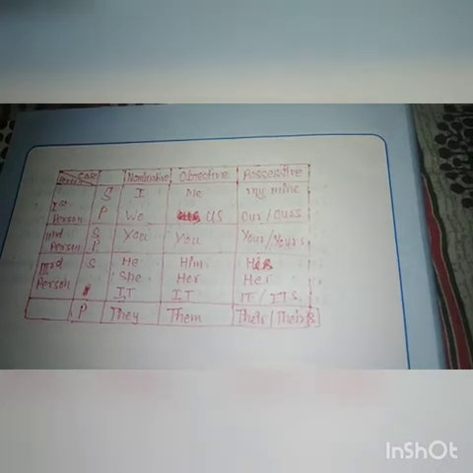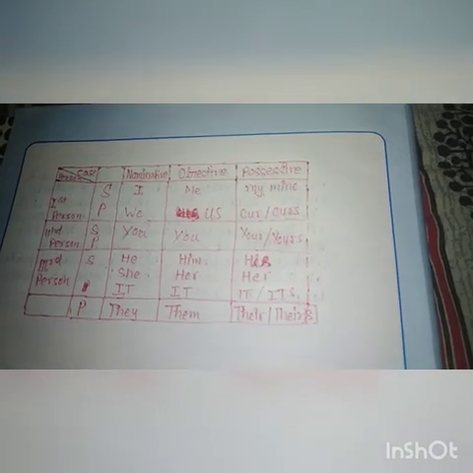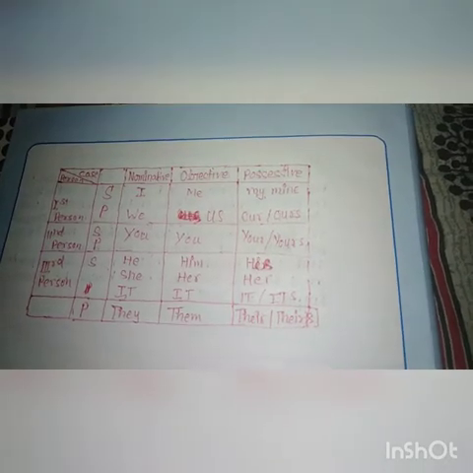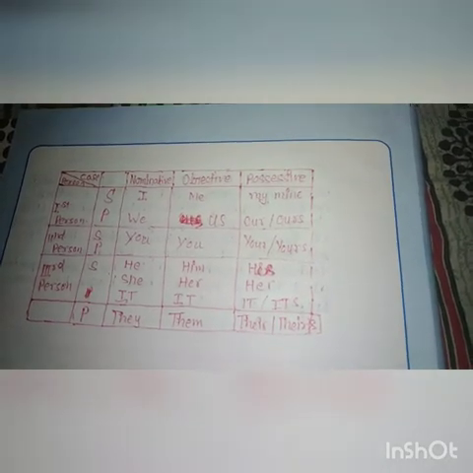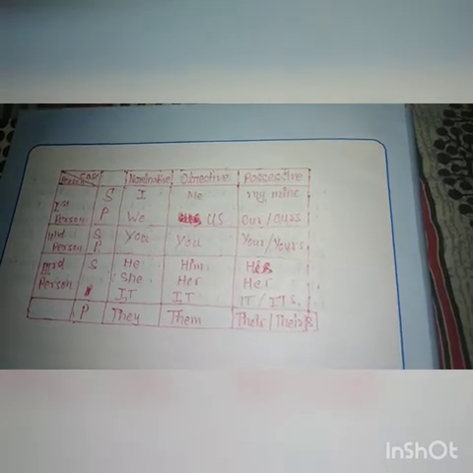Now for plural we have they here in third person, and its objective would be them and its possessive would be their or theirs.